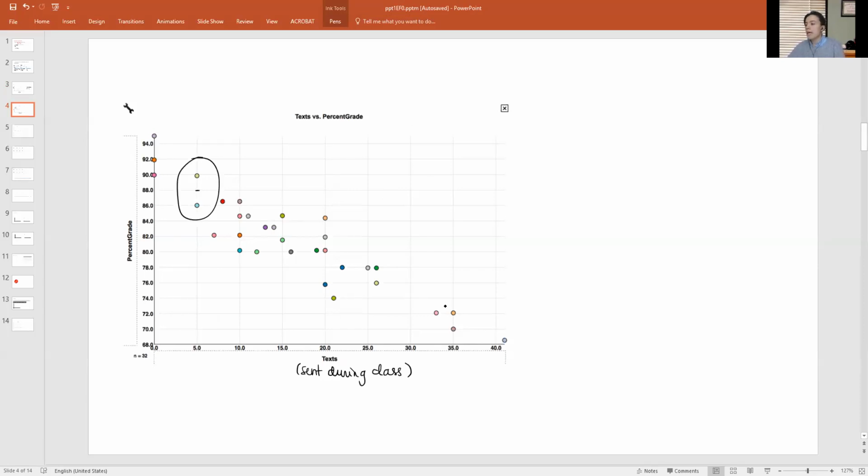And if somebody sends a lot of texts, then they're going to have a percent average that is going to be fairly low, which means that the higher the number of texts sent during class, the lower the percent grade is going to be, right? In this case, we talk about a negative association.